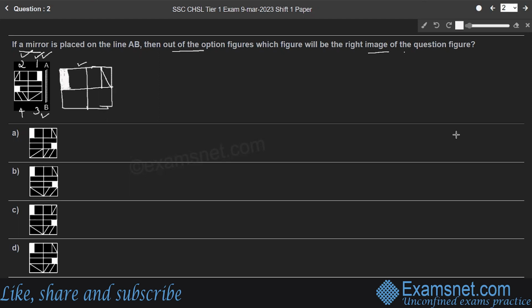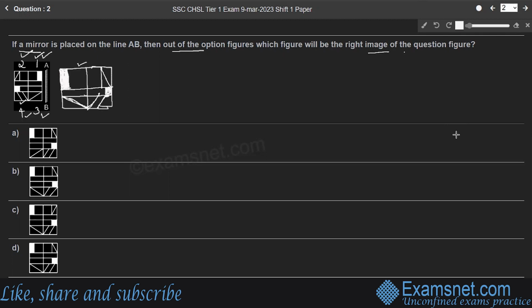Whereas the third part will have, below this, a horizontal line and this diagonal like this, right? And coming to the fourth part, here the mirror image will again be a horizontal line, right? Here to the right side, there will be a shaded part, and these two slanted lines will be like this, right?